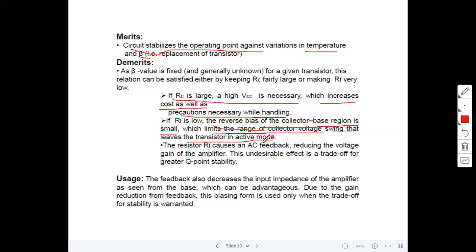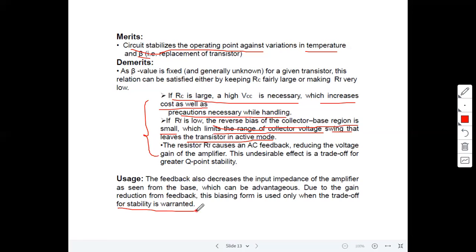That is about the demerits. And for usage, the feedback also decreases the input impedance of the amplifier seen from the base, which can be advantageous. Due to the gain reduction from feedback, this biasing is used only when the trade-off for stability is warranted.